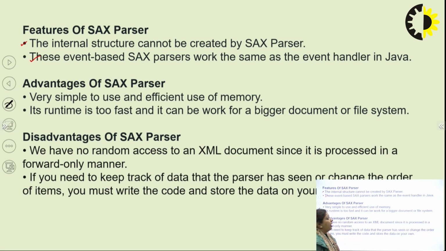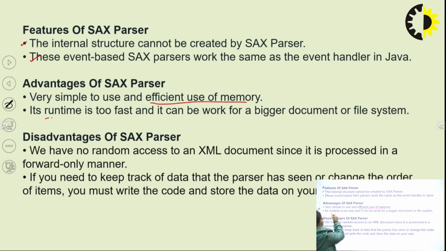Now talking about the advantages of a SAX parser, as I have already said, when we use a DOM parser, it is going to create the entire internal structure for an XML document, and then this entire structure is loaded into the memory. But a SAX parser is very simple and it is not going to load the entire document into the memory, and that is why it makes efficient use of memory.